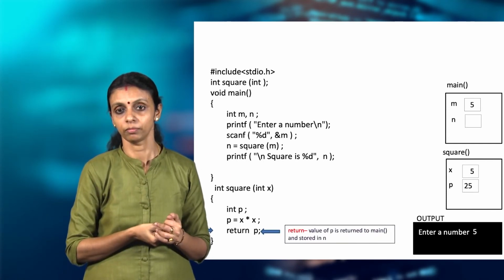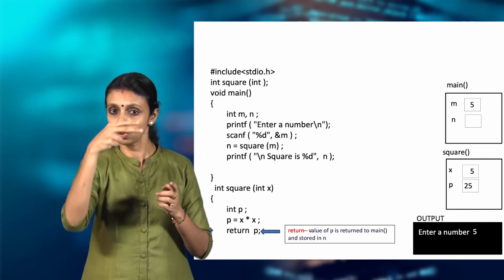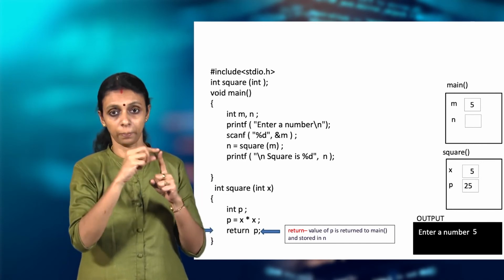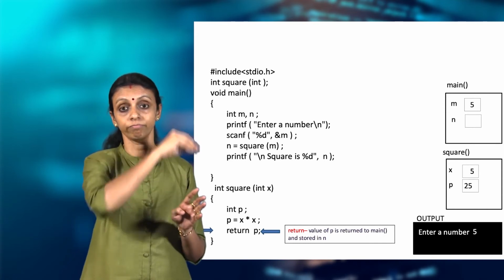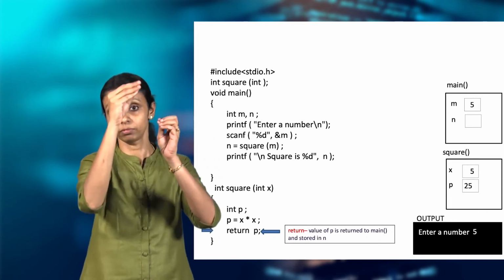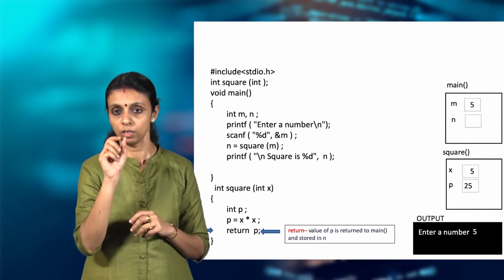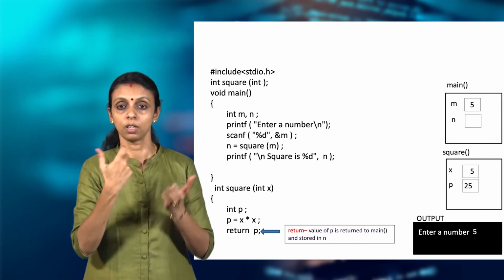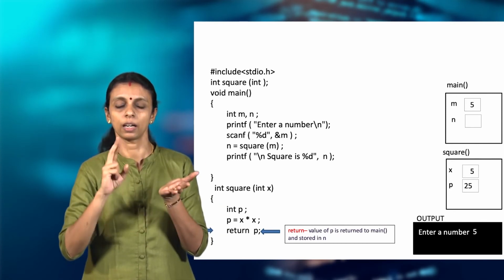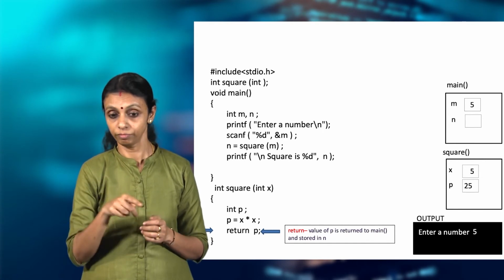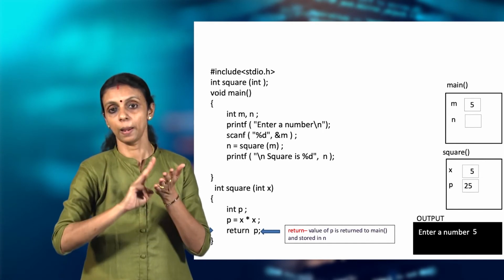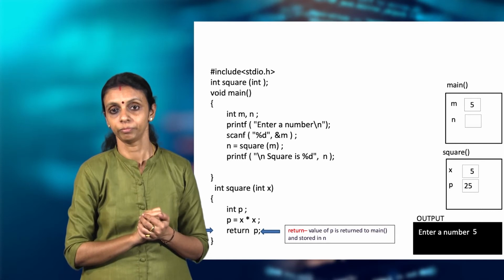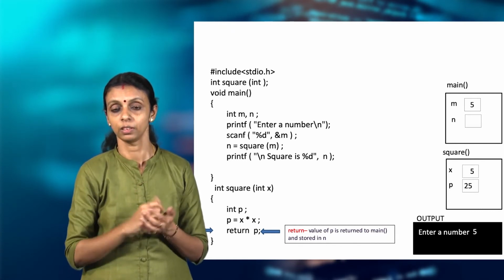Now, we have to give back the value of p to main. For this, we use the keyword return. Return p gives back value to m. So, here the return type is integer.